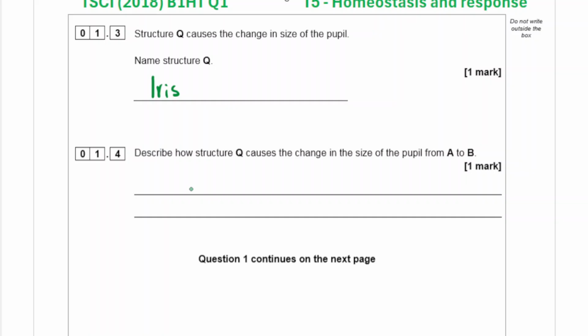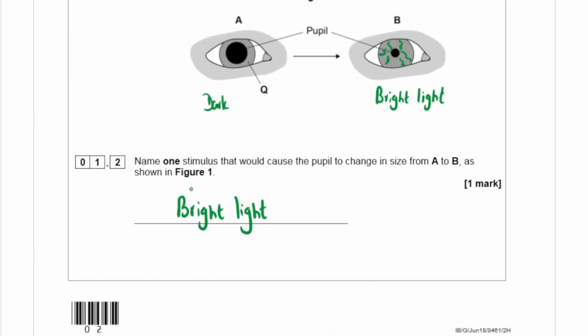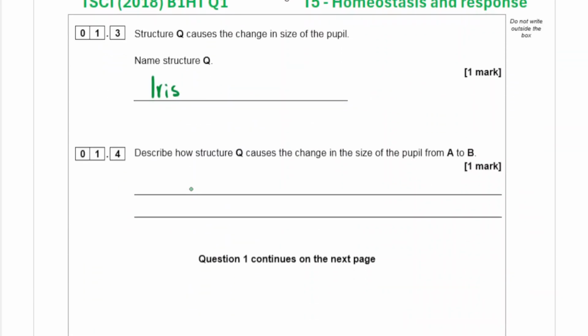Describe how structure Q causes the changes in the size of the pupil from A to B. So what's happening? The pupil is actually smaller. So are the muscles of the iris relaxing or contracting from A to B? So the muscles have to contract.